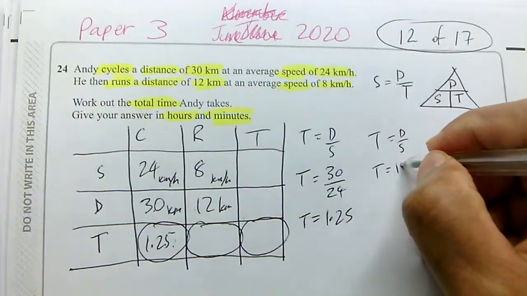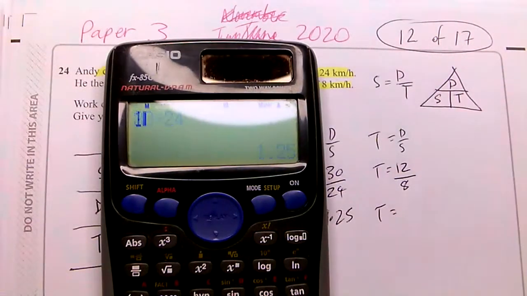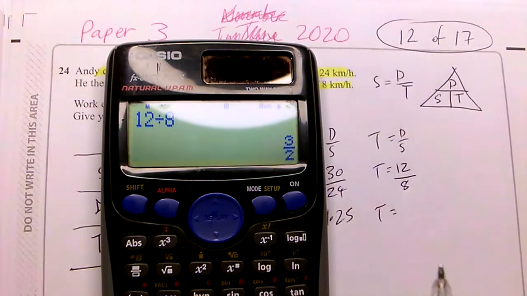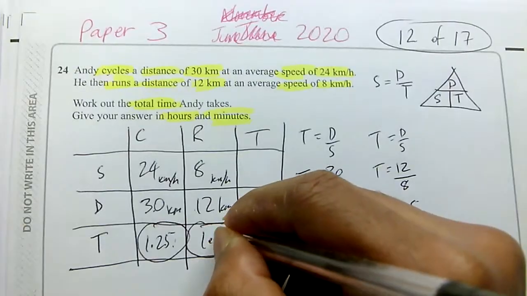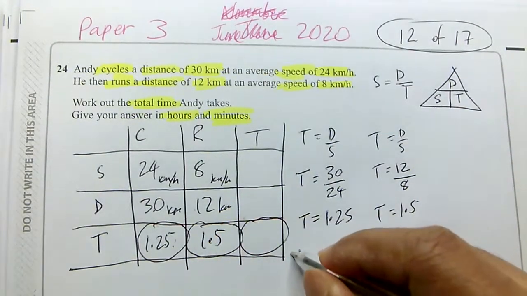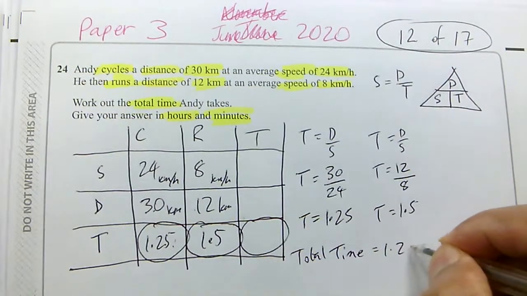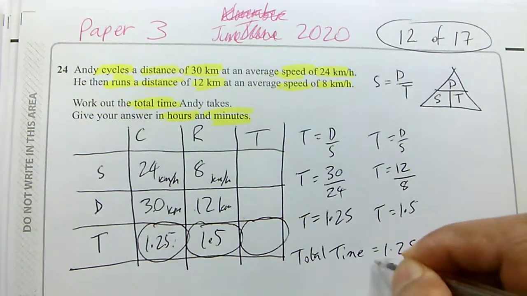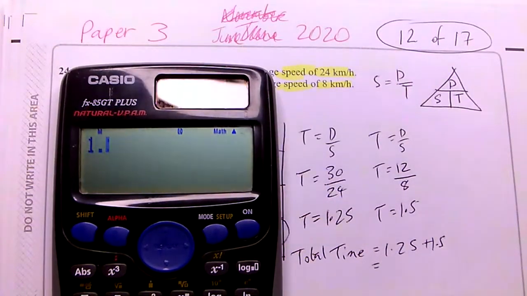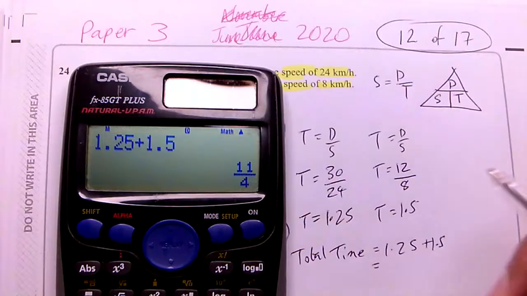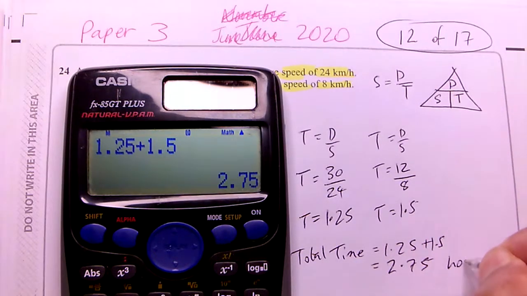Distance is 12 divided by 8. 12 divided by 8 gives me 1.5. And so the total time is going to be adding them together. 1.25 plus 1.5. That gives me 2.75. This is in terms of hours.